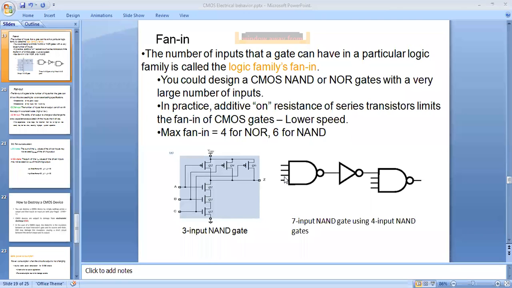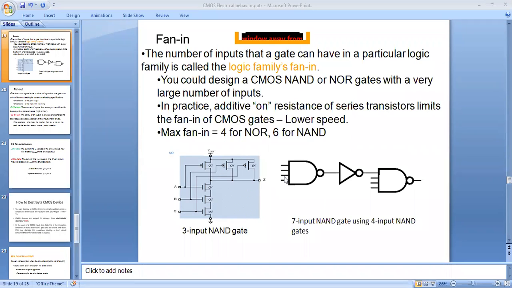So that is what fan-in is: the number of inputs that a gate can handle without disturbing its output voltage level is called fan-in. Fan-in is always considered at the input side, but fan-out is always considered at the output side.